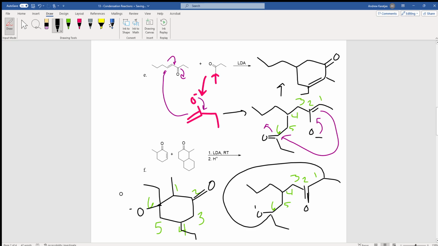Now you can see it's not exactly what I have drawn over here. You would need to rotate it 180 degrees that way, but it is the same structure. And in order to finish the reaction, all you need to do is protonate the oxygen and go forward with the elimination.